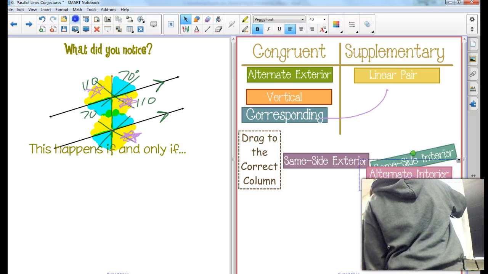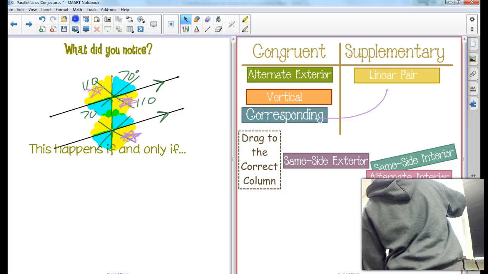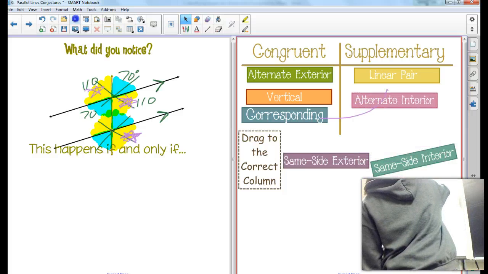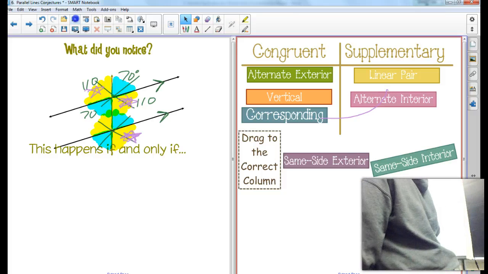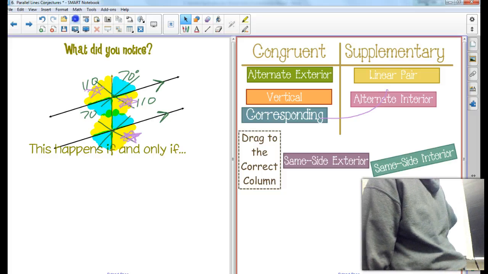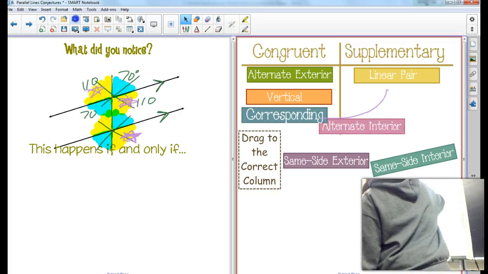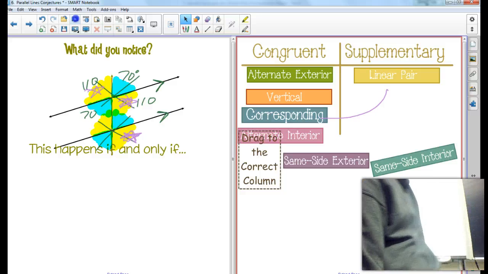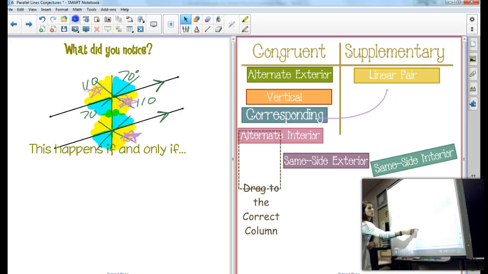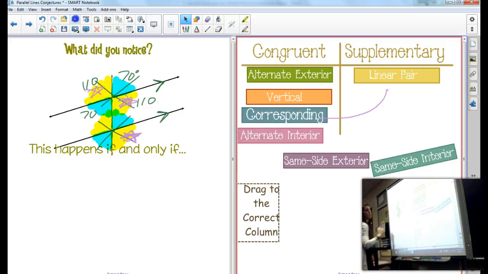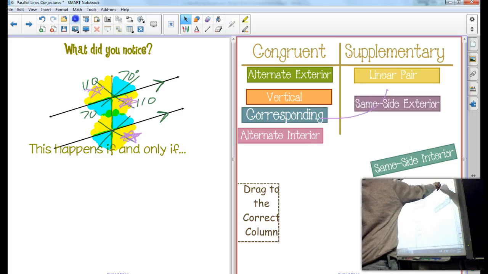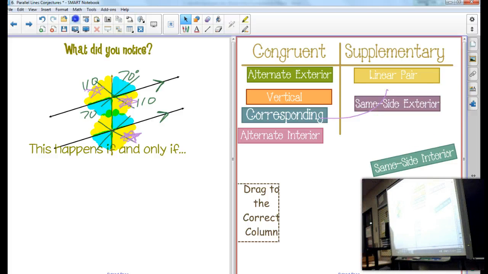Uh-oh, you're rotating it. Use your knuckle. Oh no, okay. Alternate interior like this and this. And Irene, you got the last one. I will unrotate it for you.